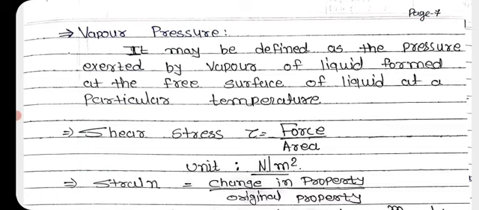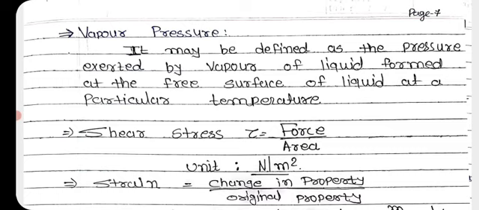But when the temperature increases, whose temperature? The liquid temperature increases. As we know, evaporation occurs when the temperature of the liquid increases, then the liquid is converted into vapor, and the pressure exerted by that vapor is known as vapor pressure.